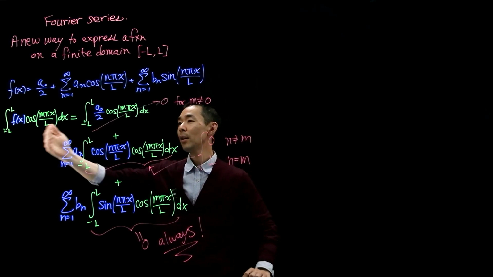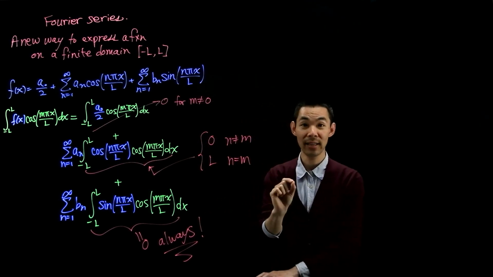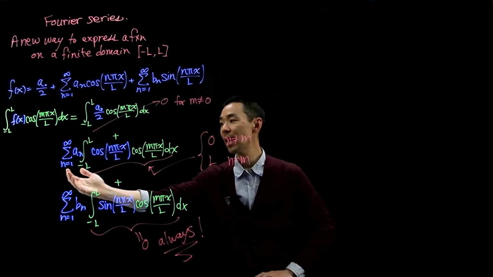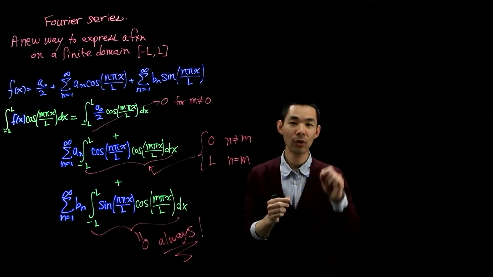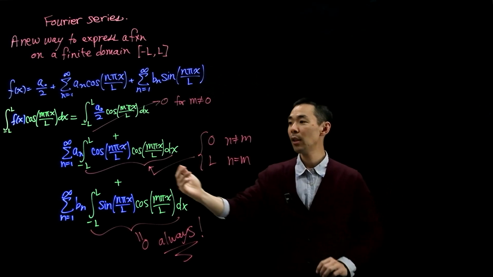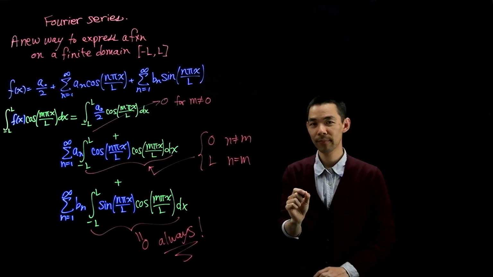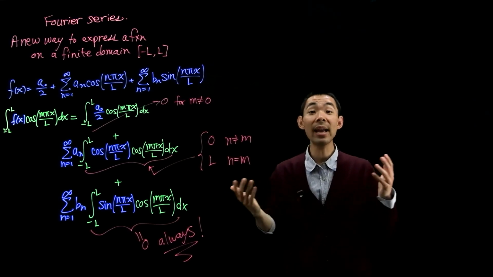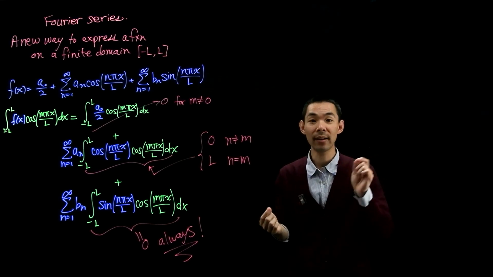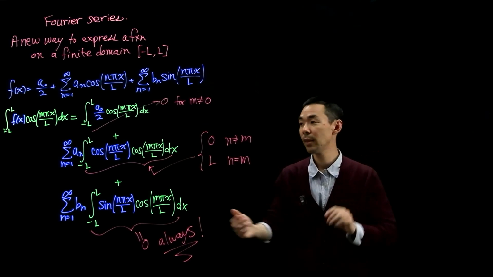We have a summation here for the index n. That index n goes from 1, 2, 3, 4, all the way out to infinity. You've multiplied by the cosine with the index m. That might be any value, might be 10, cosine 10 pi x over L. That's fine.